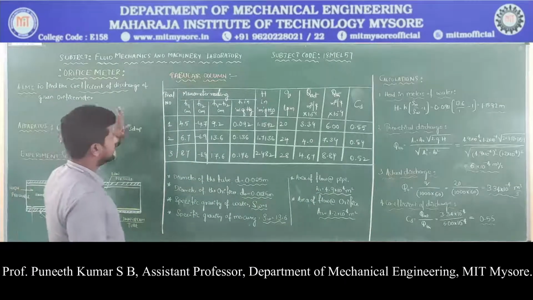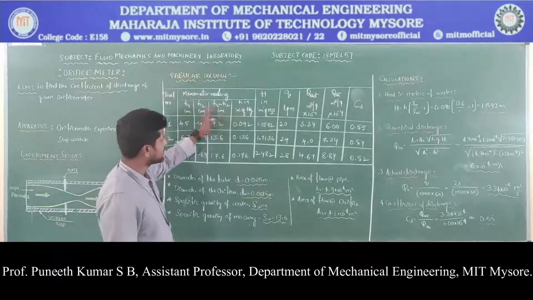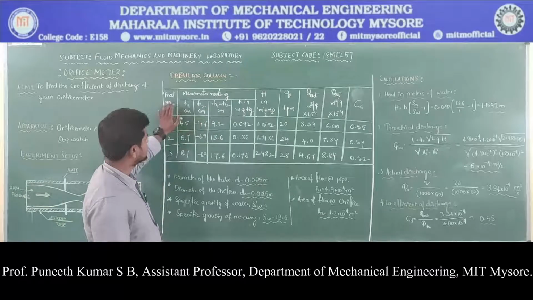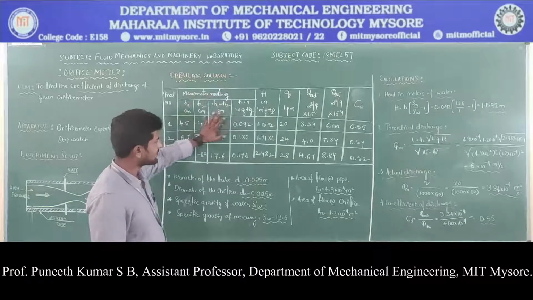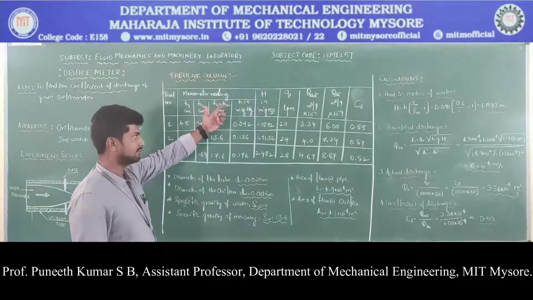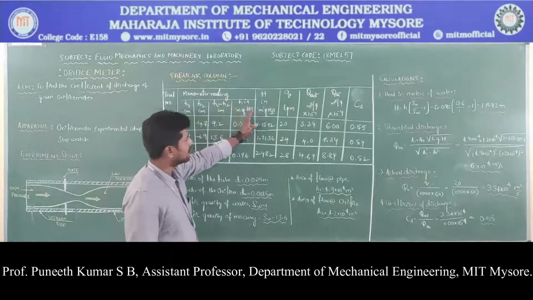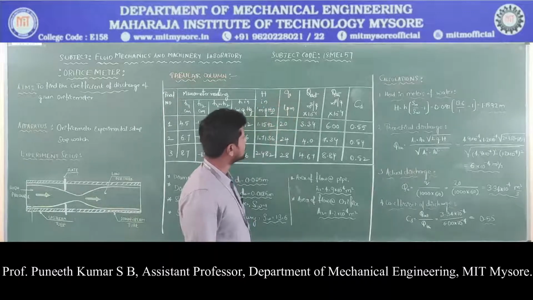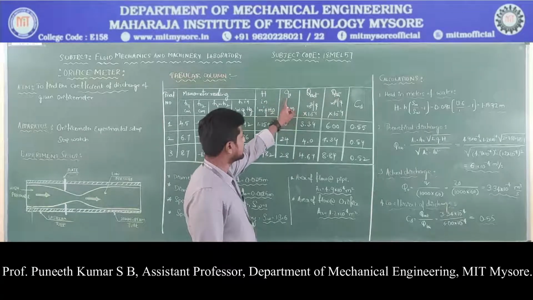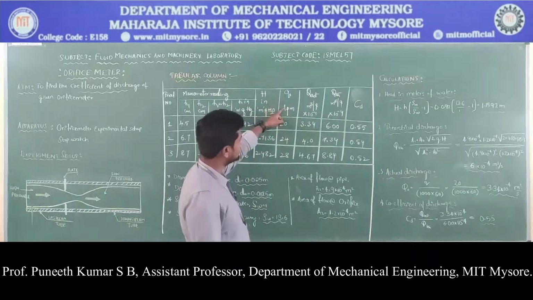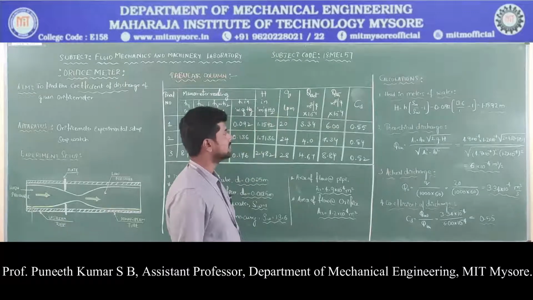The key things required are the input data columns. Here, the manometer reading is the input to measure the flow rate. Next, this Q: there is also a rotameter which gives the discharge in liters per minute.